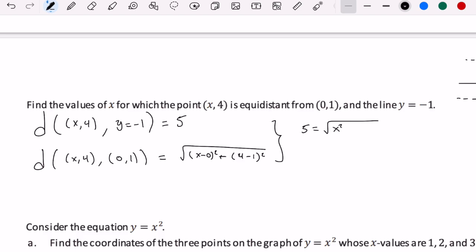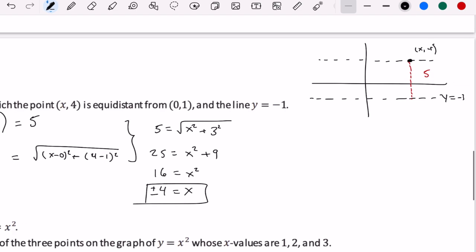So 5 equals the square root of x squared plus 3 squared. So 25 equals x squared plus 9. So 16 equals x squared. So x equals plus or minus 4. So these are the two possible values for x.